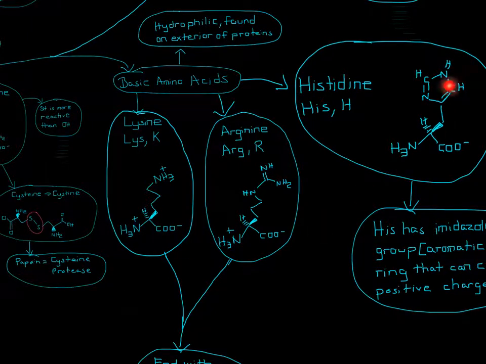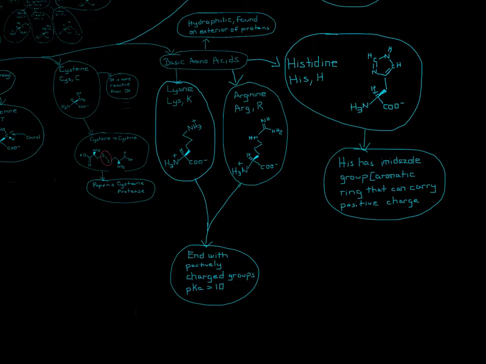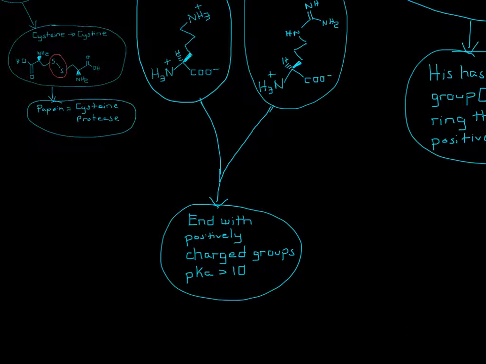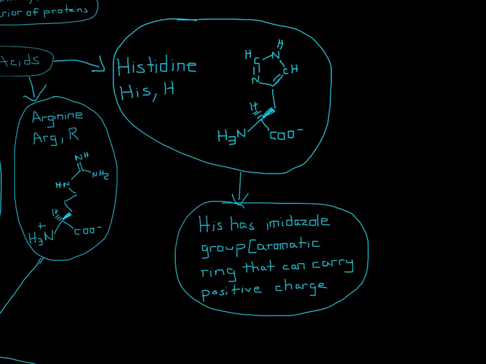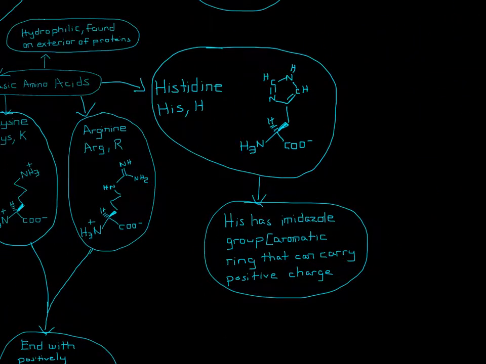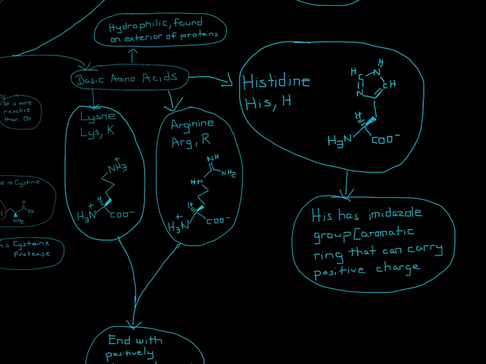All of these are unique in that they have positive charges, or they can create positive charges, and therefore their pKa's are usually greater than 10. Also, histidine has an imidazole group. That just means that it's an aromatic ring that can carry positive charges. Unlike these, which are not rings, this is a ring, and it can also carry a positive charge.